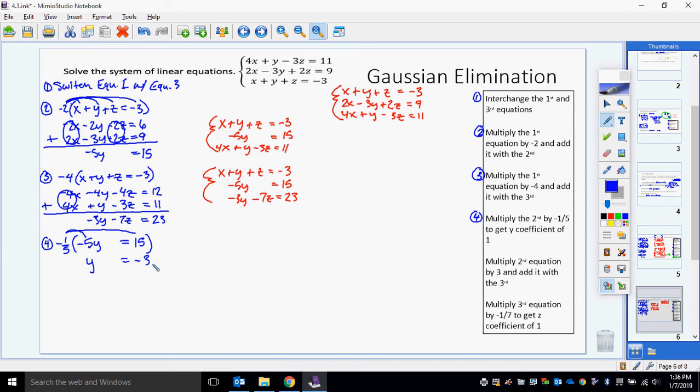Again, it's like dividing by negative 5. So that's my new equation 2. Don't change any other equations here, except equation 2 is now 1y equals negative 3.